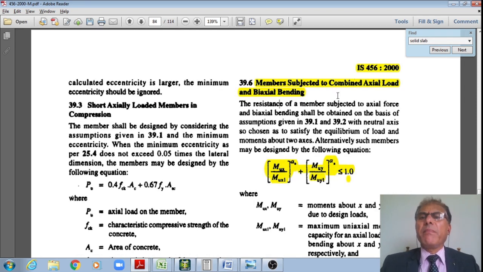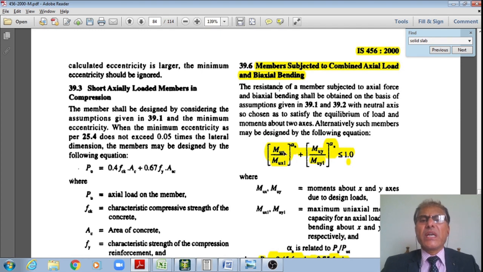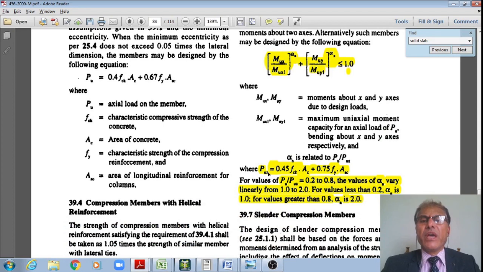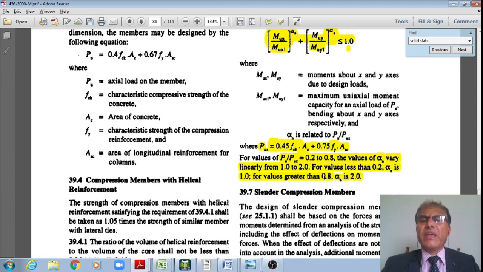This is a member subjected to combined axial load and biaxial bending from IS 456. The code says that MUX divided by MUX1 whole to the power alpha n plus MUY divided by MUY1 whole to the power alpha n should be less than or equal to 1, where PUZ is given by 0.45 fck multiplied by Ac plus 0.75 fy multiplied by Asc, where Pu by PUZ is 0.2 to 0.8 for alpha n varying linearly from 1 to 2.